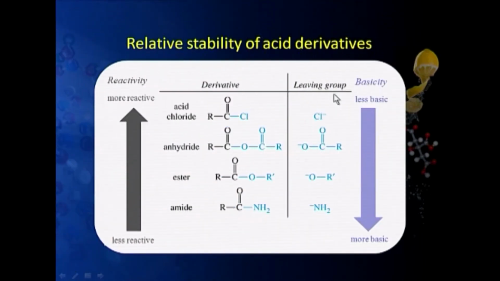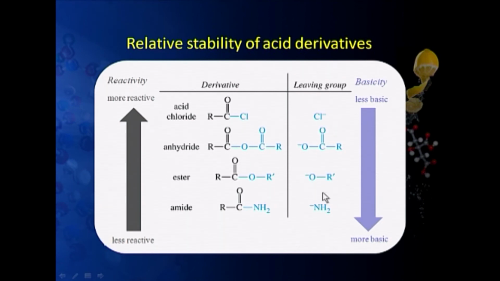When we talk about the stability or reactivity of different acid derivatives, we find that their reactivity increases towards the acid chloride, because a stronger base is a better nucleophile and a weaker base is a better leaving group.